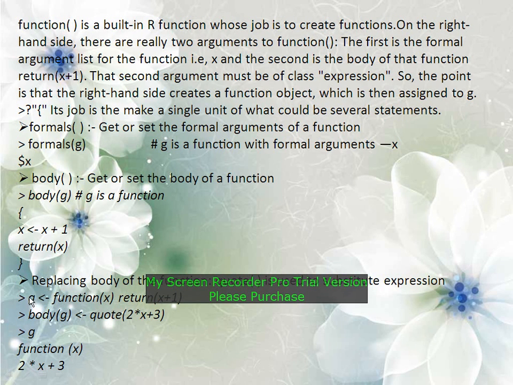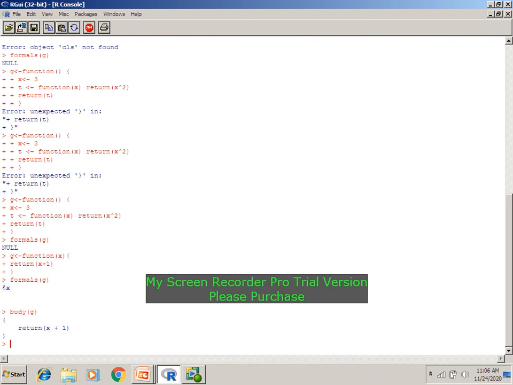So here we are replacing the function x return x plus x, then body of G is assigned with the code function 2 into x plus 3. Then again we can display the G, what it should be. So here we are assigning body of G with the code function. This is nothing but substitution function. 2 into x plus 3.